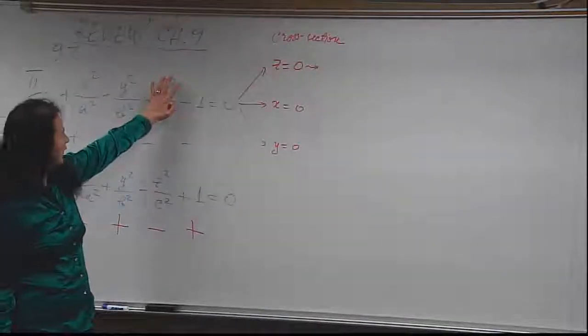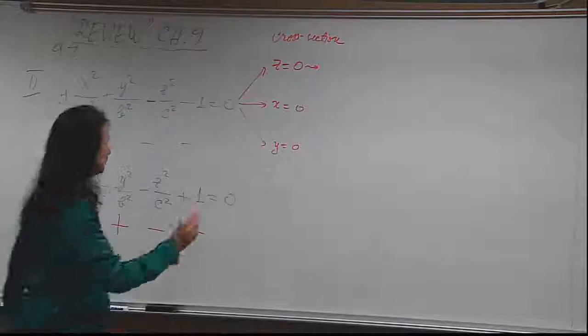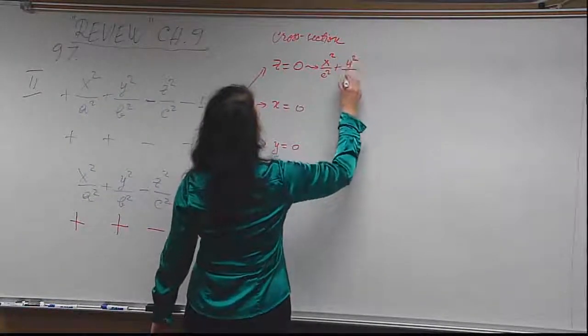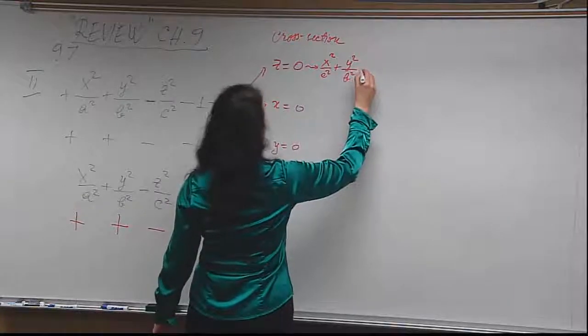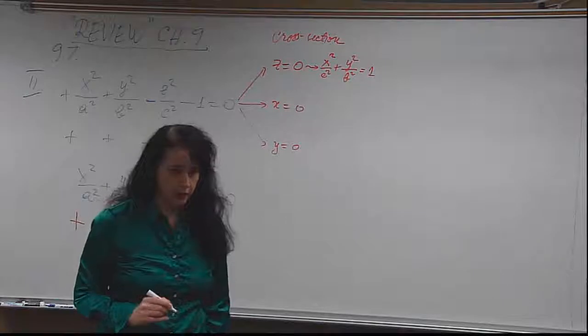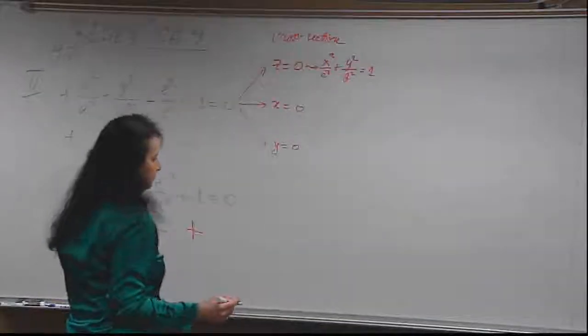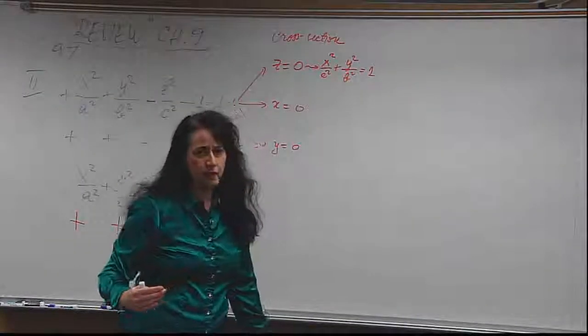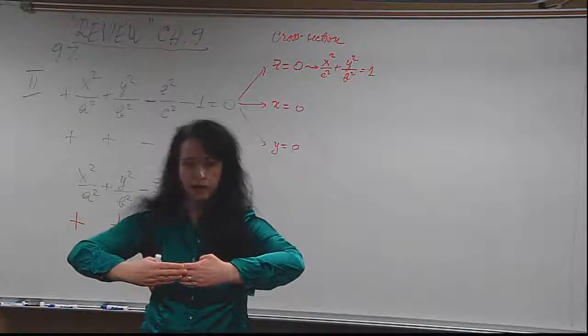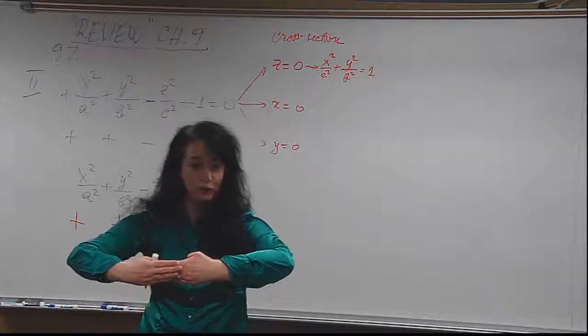That first one will be a conic, one of our old friends. What is this, guys? x squared over a squared plus y squared over b squared equals 1. It's an ellipse, right? So along z equals 0, I'm going to have an ellipse, something like that. Imagine the surface will have this type of equator.